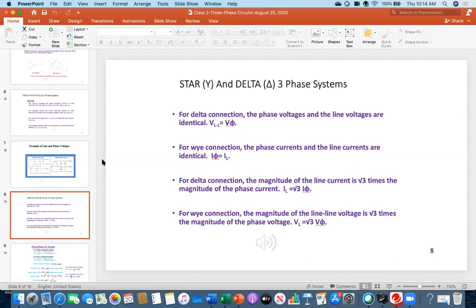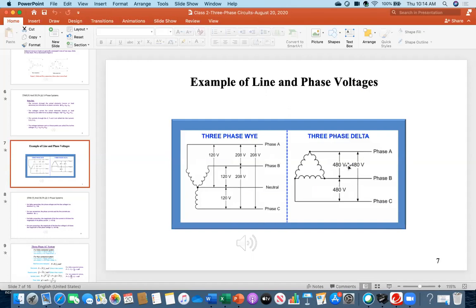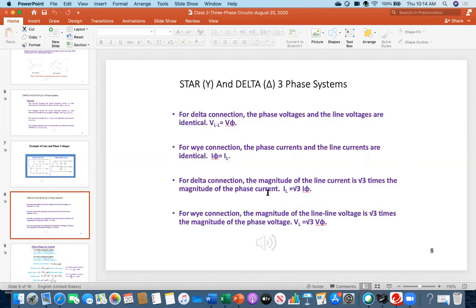As I was telling you, in this case, if you measure current here and get, for example, a current value of 208 ampere, just a random example, and if you measure the current across this coil, you will get a reading of 120 ampere. This means the line current will be root 3 times the phase current. That is the meaning of this: the magnitude of the line current is root 3 times the magnitude of phase current.